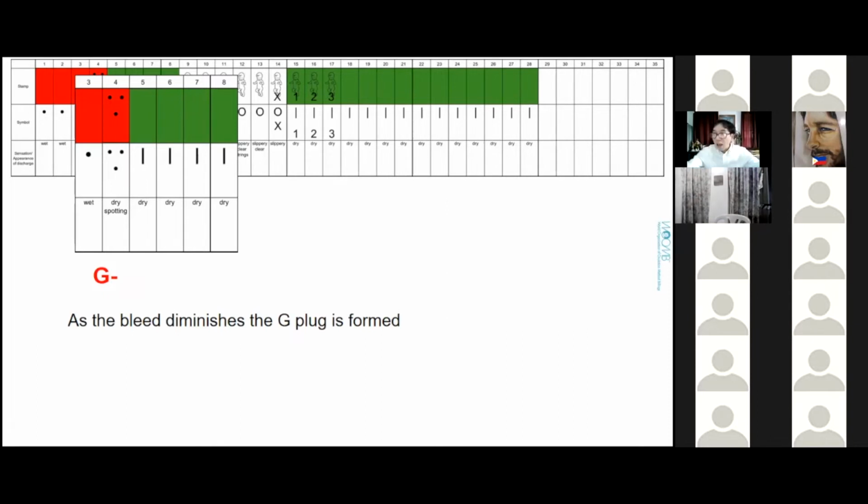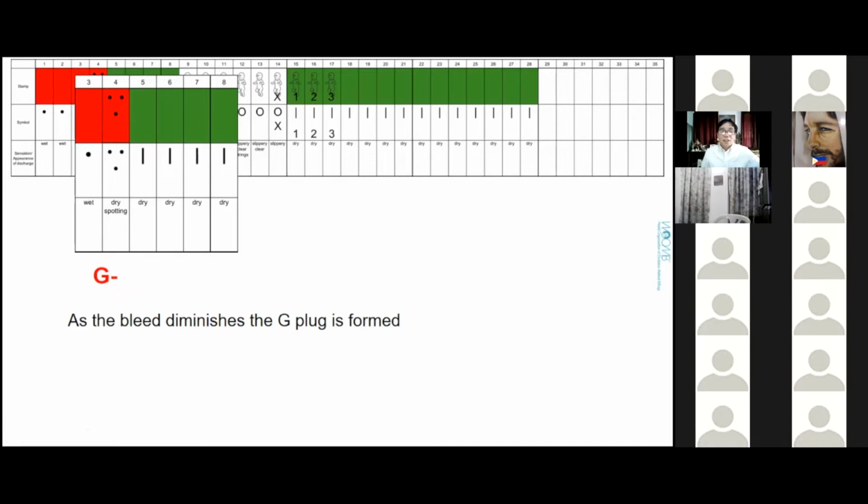If it is dry, the cervix is already closed by the mucus plug or the G mucus. Day 3, day 2, day 1, no G mucus. Cervix is completely open. So G mucus starts to appear on the 4th day of the cycle.